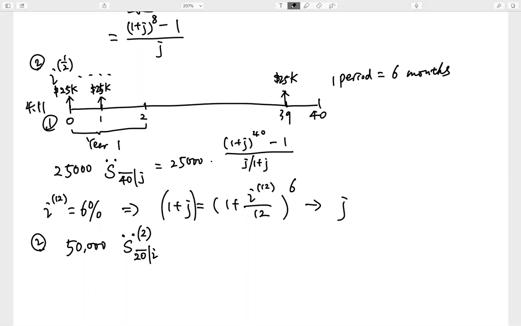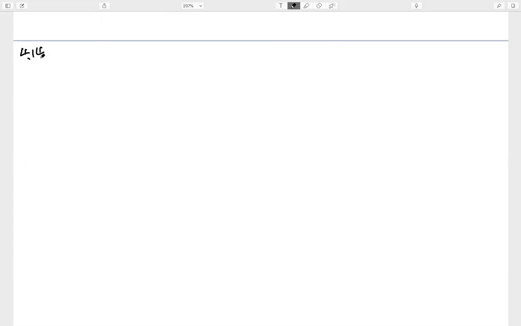Okay, next, let's do an even question. Find the PV of payments: 5 now, 10 in 6 months, 15 in 1 year, and so on until the end of 6 years.